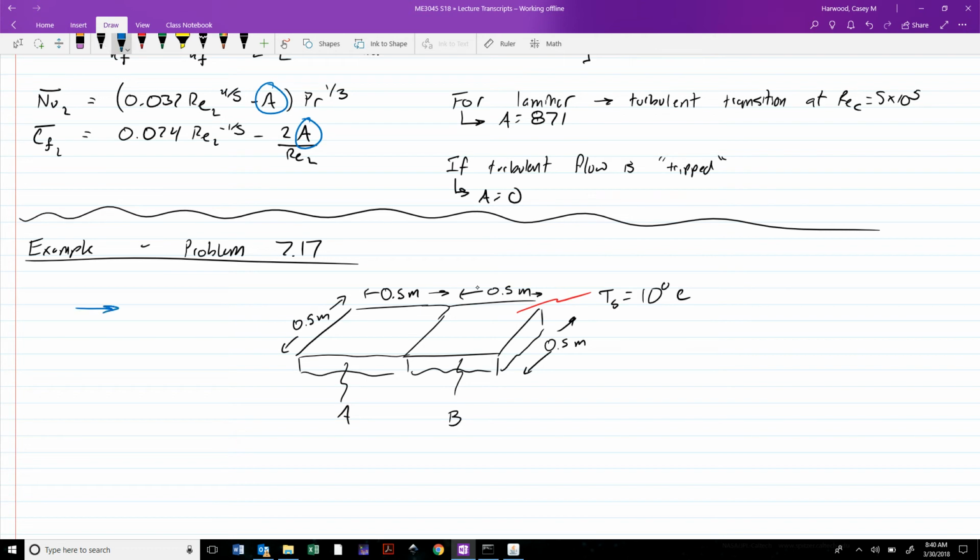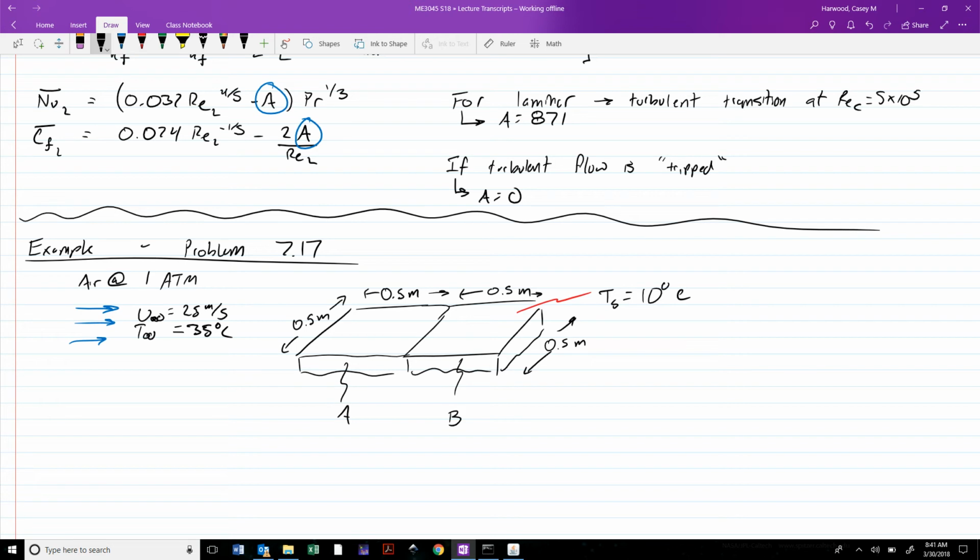We've got air coming in from left to right, blowing across these 2 adjacent flat plates. This air is at 1 atmosphere pressure. It has a free stream velocity of 25 meters per second at a temperature of 35 degrees Celsius.